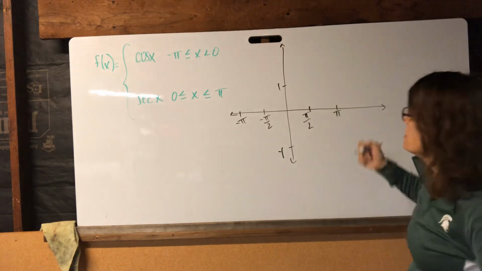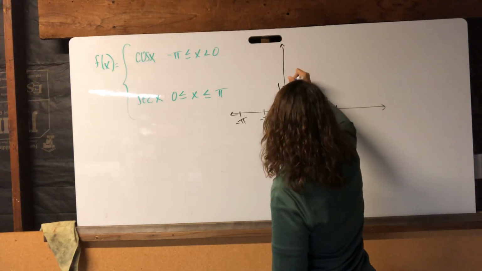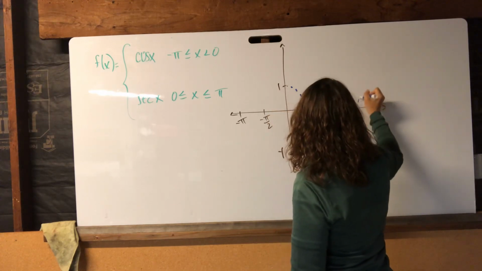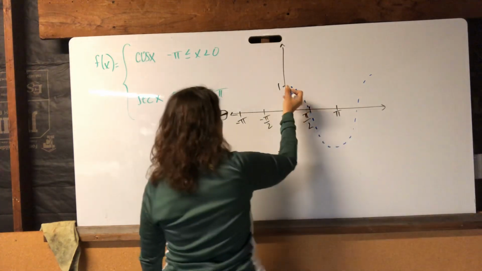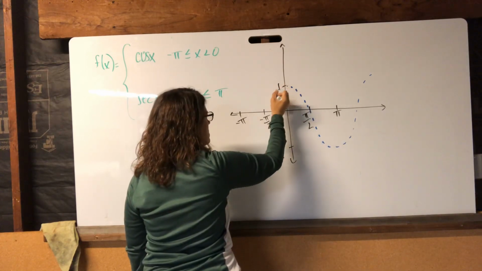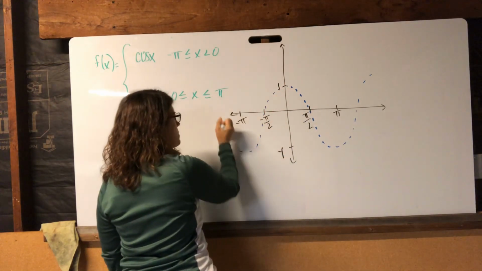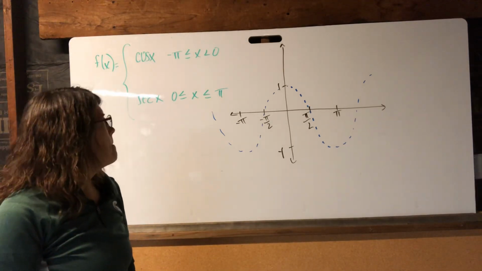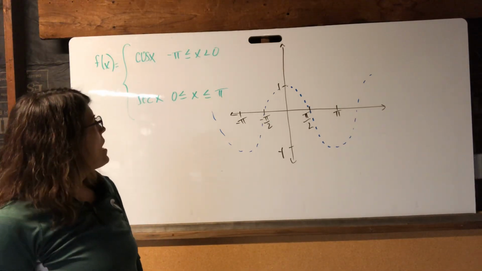So cosine, give or take. So from negative pi to 0.